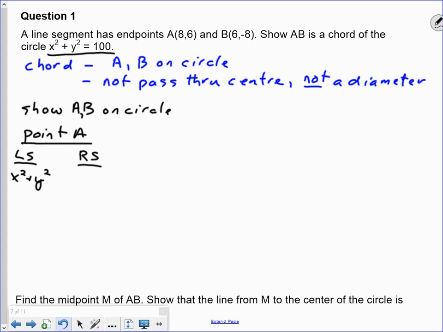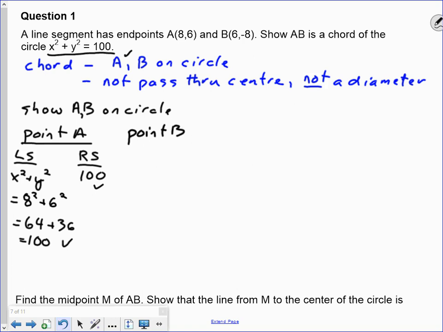Our right side, of course, is 100. So we sub in our x and our y from point A. That is going to be 8 squared plus 6 squared. And we work it out. 64 plus 36 is 100. All right, so left side matches right side. We have shown that point A is on our circle.